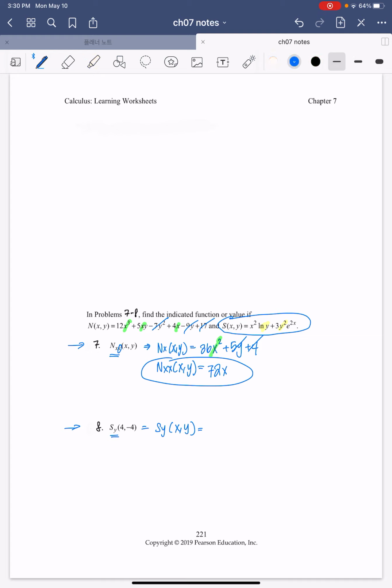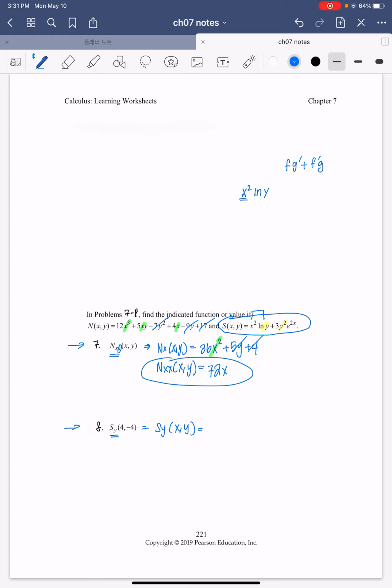So first one, x squared ln y. This one is actually a chain rule, right? I'm sorry, product rule. We have x squared ln y, so f g prime plus f prime g.